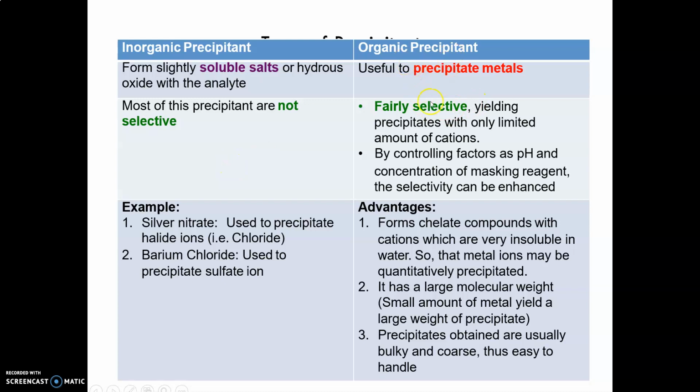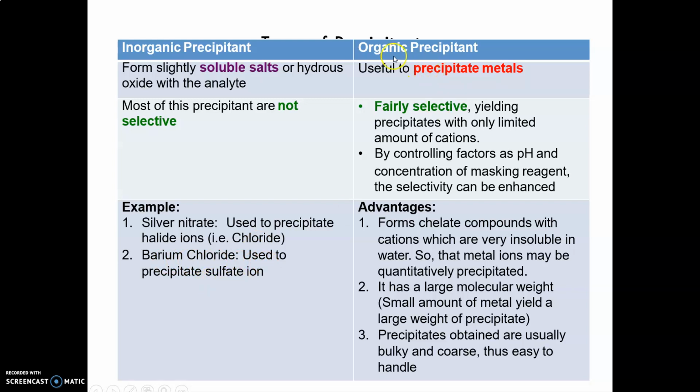But for organic precipitants, they are fairly selective, and by controlling factors such as pH and concentrations, we enhance the selectivity of these precipitants. Okay, examples for inorganics: silver nitrate, barium chloride. Silver nitrate is used to precipitate halide ions such as chloride, and barium chloride is usually used to precipitate sulfate ions.